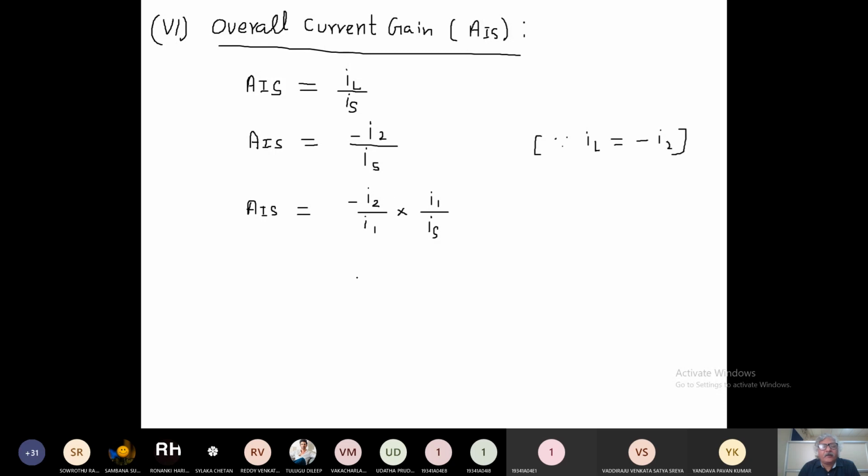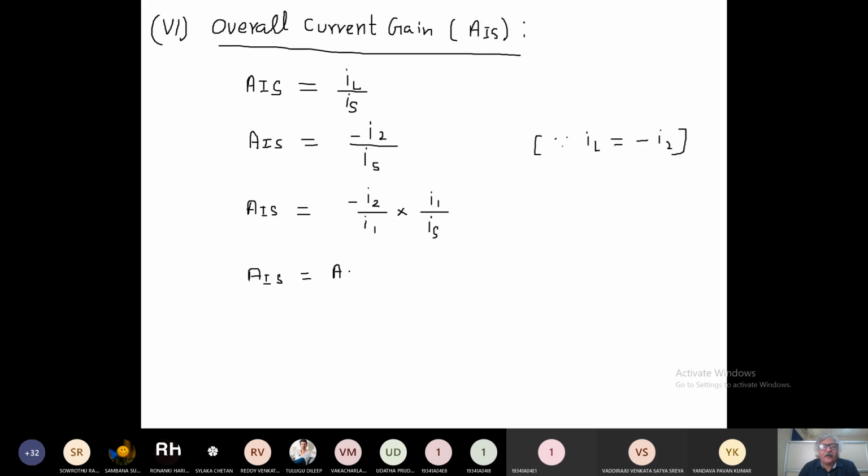Why have I written this expression in this way? Because now I can express this overall current gain in terms of the internal current gain. What is minus I2 by I1? It is AI, the current gain.